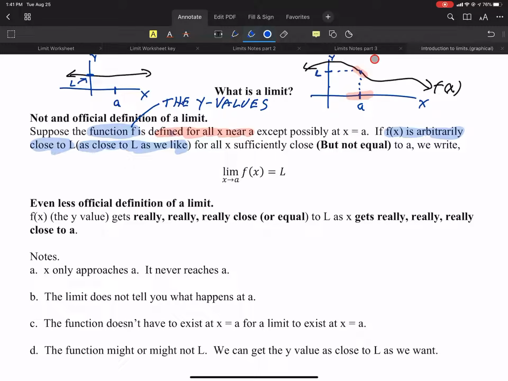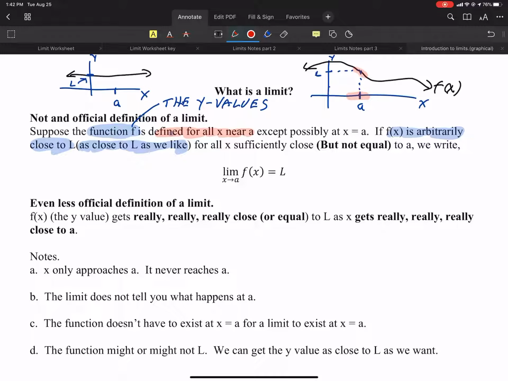So if you pick values of x super close to a in that interval, then we can guarantee the y values are between those y values.